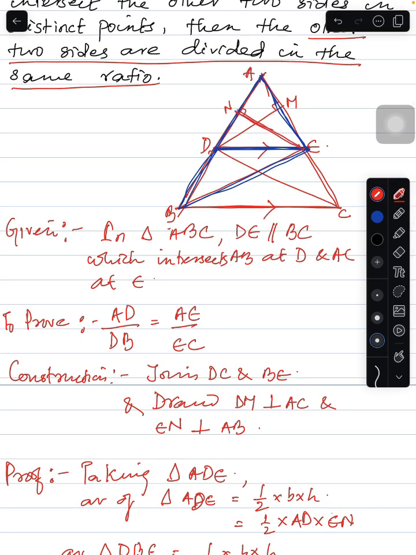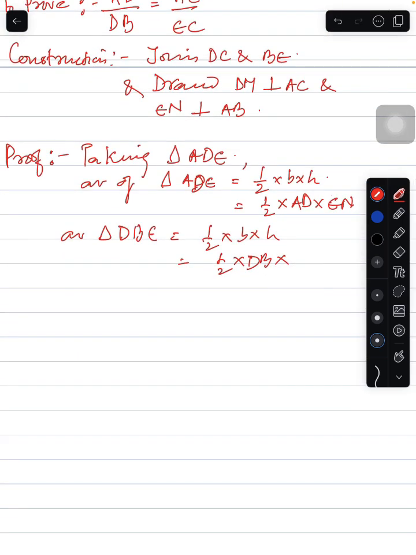Why? Because DBE is an obtuse angle triangle. In an obtuse angle triangle, where will the height be? The height will be somewhere outside the triangle, because height is always a perpendicular line.